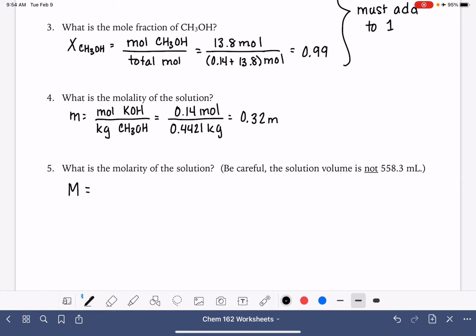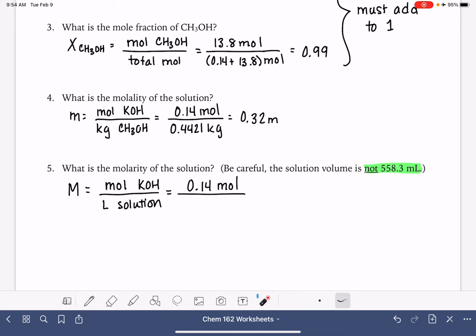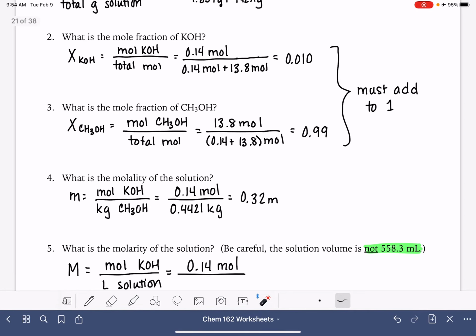And last but not least, asking us to calculate the molarity of the solution, with a little hint, be careful about the volume calculation. So the molarity is going to be the moles of KOH divided by the liters of the entire solution. And we're being warned that the solution volume is not 558.3. We do know the moles of KOH, that's 0.14. So if the volume of the solution is not 558.3 milliliters, then what exactly is it?